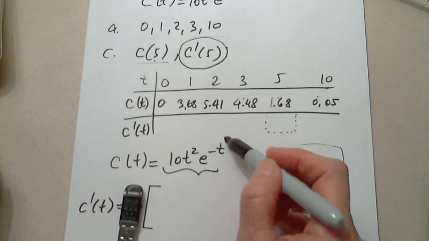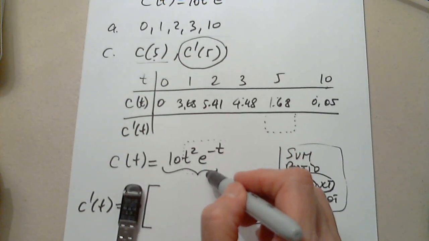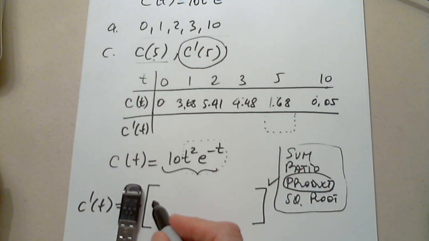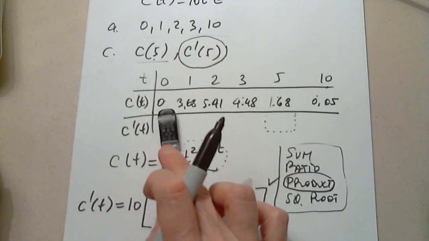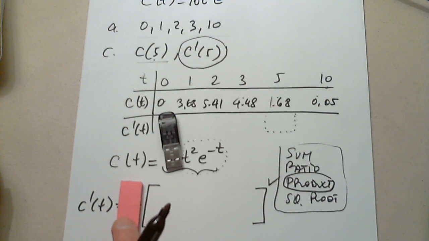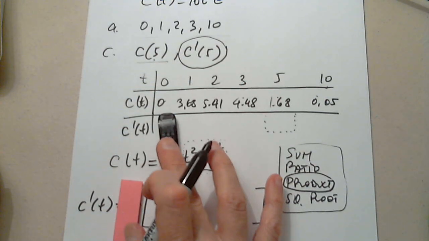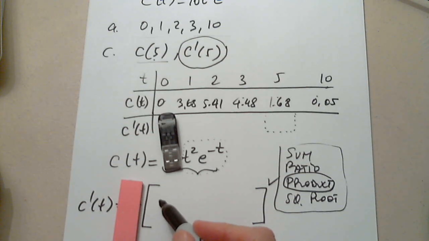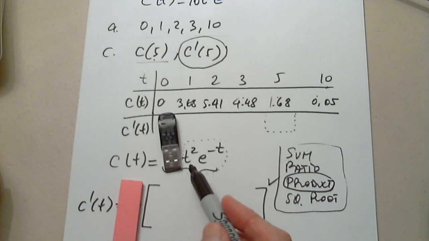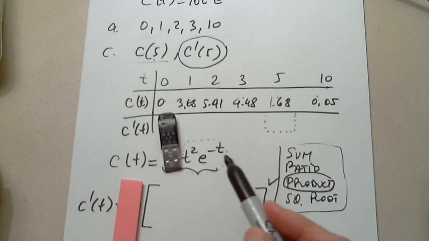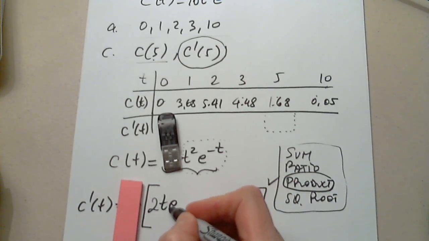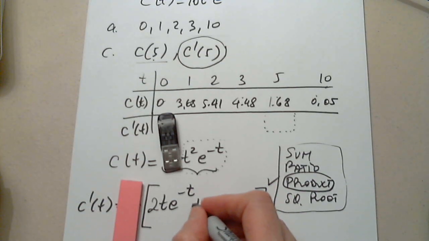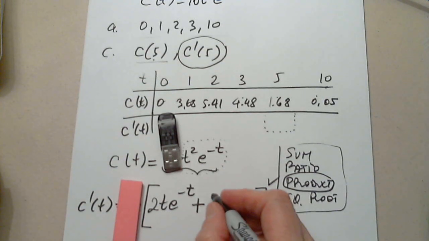So now, what do I write? How do I apply the product rule here? It's f times g prime plus f prime times g, so it would be 10 times 2t times e to negative t plus t squared.